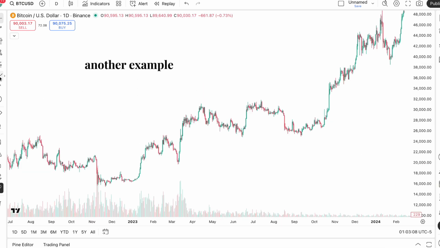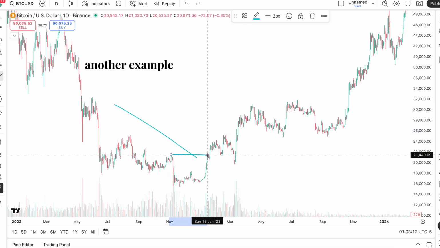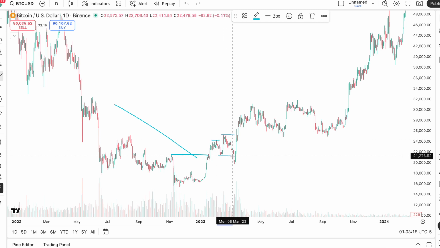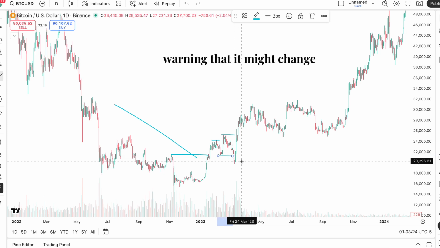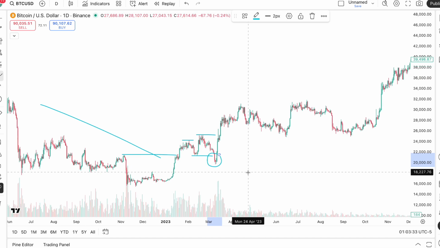So price was downtrending before. It broke the lower high and then started making higher highs. It made a CHoCH here, but a CHoCH isn't a guarantee that the trend is going to reverse. It's just a warning sign. So I still would take buying opportunities here, expecting a continuation of the uptrend.